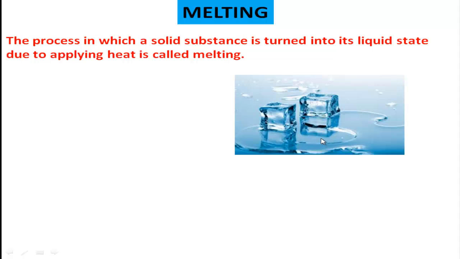You may say that here we didn't apply heat, okay, because we know that the temperature of ice formation is 0 degree centigrade, and when this ice is inside the refrigerator there is 0 degree centigrade, so the ice remains in solid state.